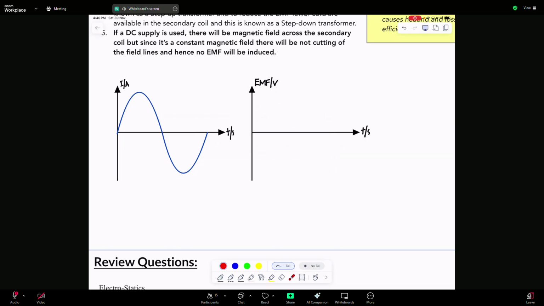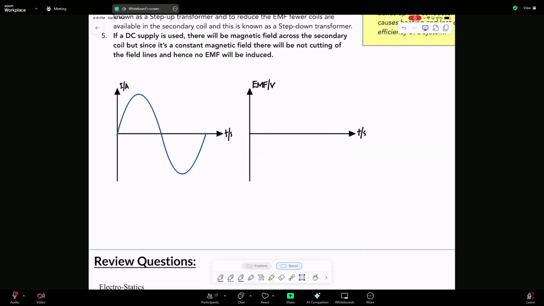Negative cosine, why negative cosine? Okay, anyone else, any other shape? Nothing? Negative cosine. Okay, I'll explain.